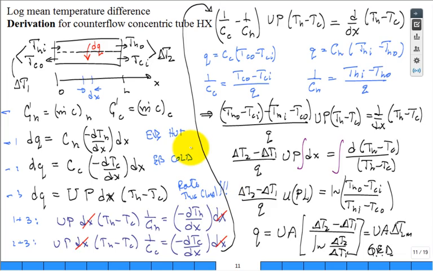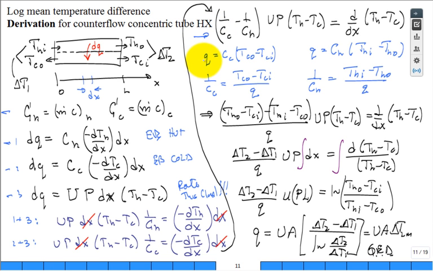Now, why do we have two negative signs? Well, when they are counterflow, both of those temperature gradients are negative in the positive x direction. Okay, so you take equations 1 and 3 and equations 2 and 3, you get new equations. You can get rid of the little dx. You add those equations, or take the first and subtract the second from it, and you combine them algebraically to get this new equation at the top.